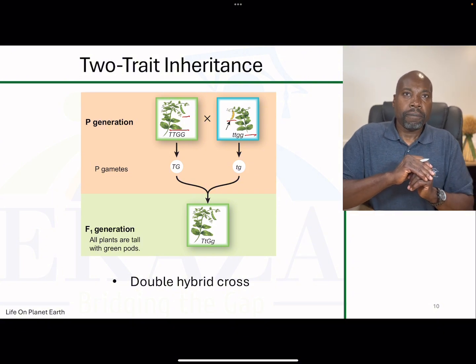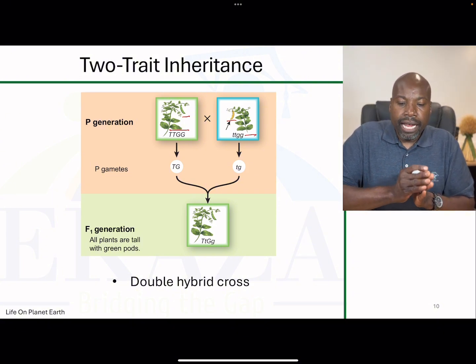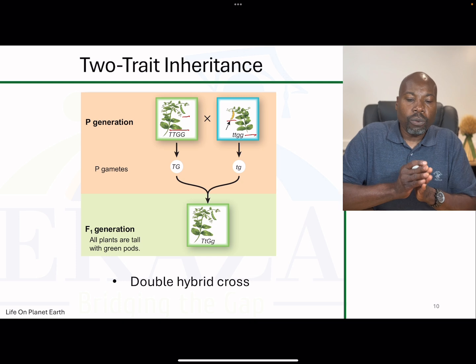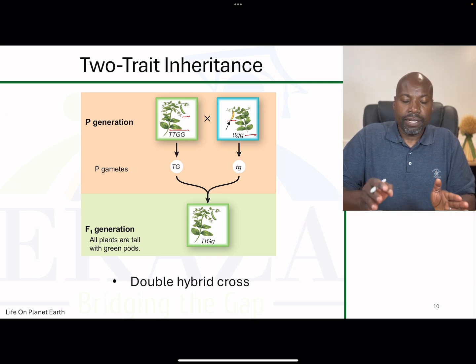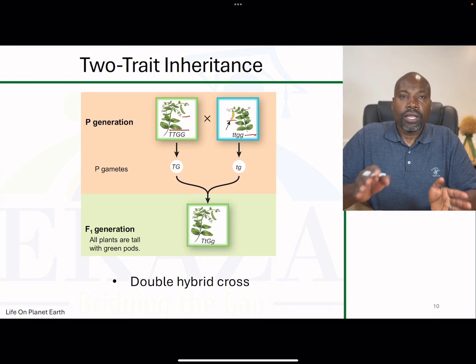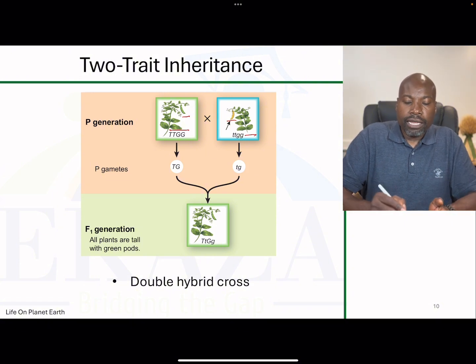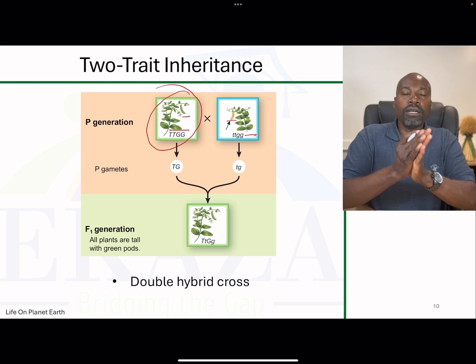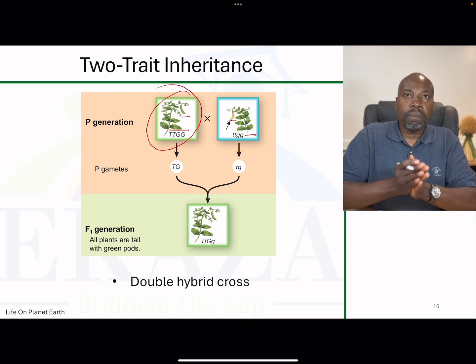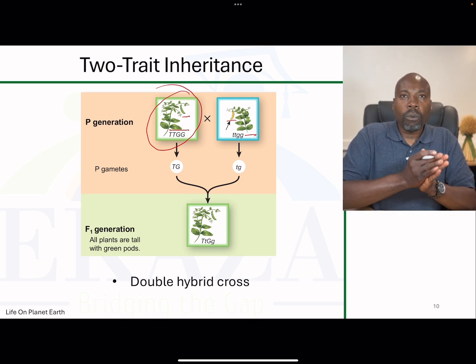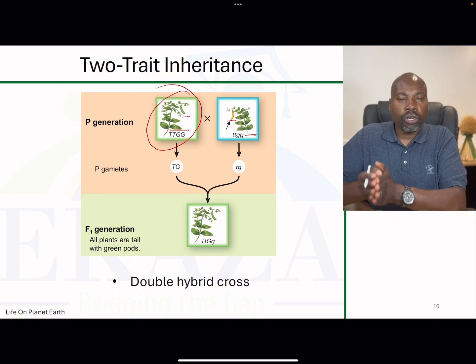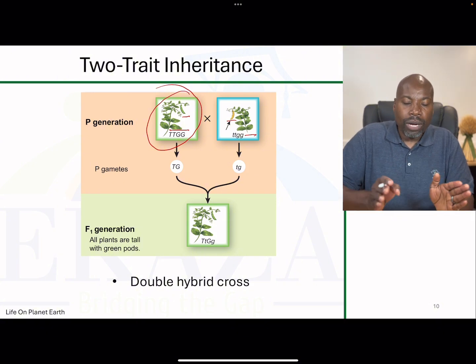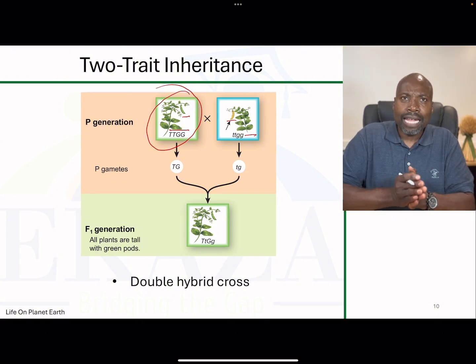And remember, in the context of Mendel, he always started with true breeding parents. In other words, a true breeding parent in this particular instance here would be tall and with green pods. From one generation to another generation to another generation, there would always be tall stems with green pods.